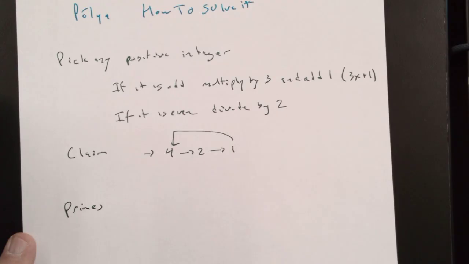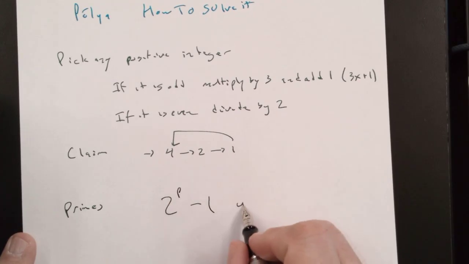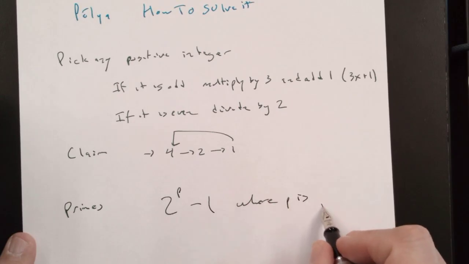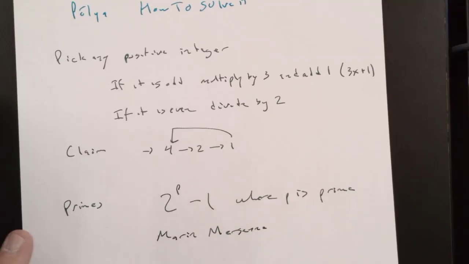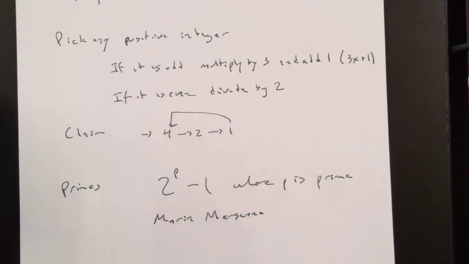We already talked about what it meant for a number to be prime, right? A monk by the name of Marin Mersenne claimed that if you took 2 and raised it to a prime number and subtracted 1, then you would get a prime. 2 is prime, so 2 squared minus 1, that's 3.